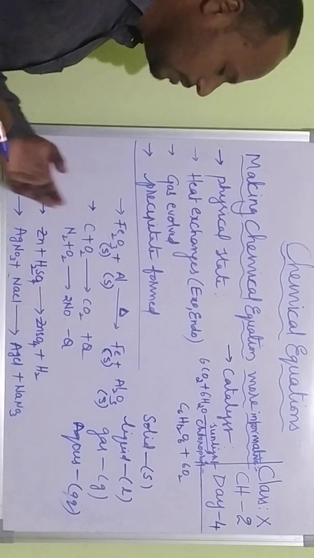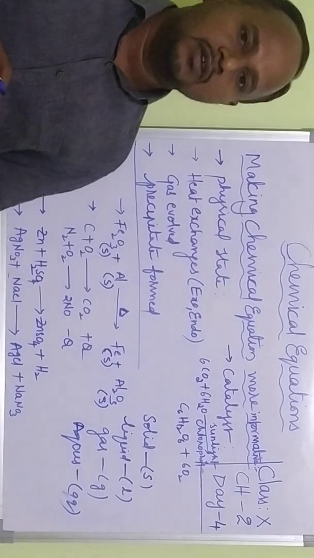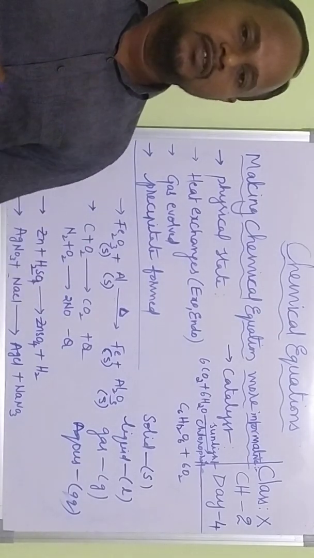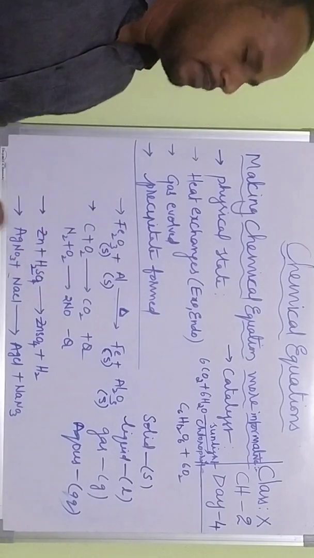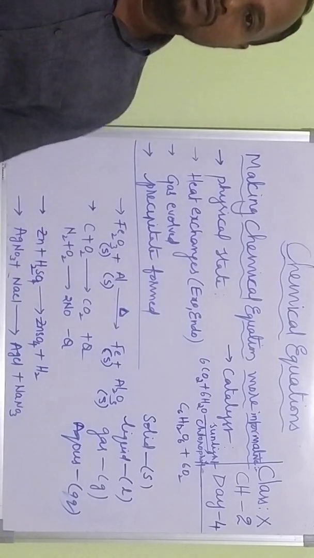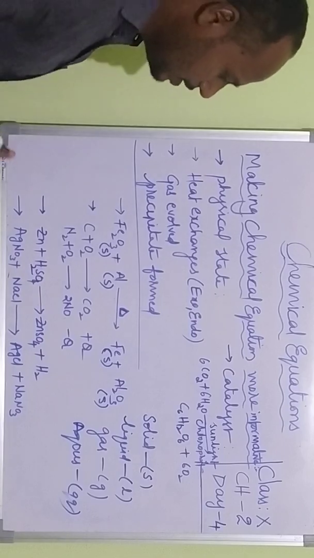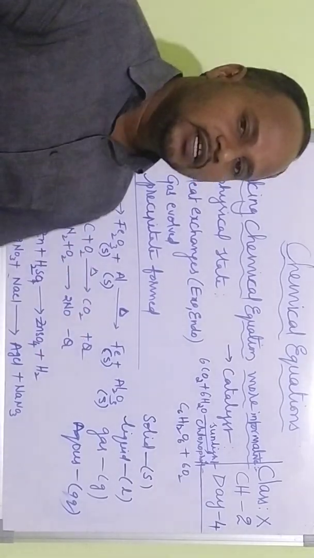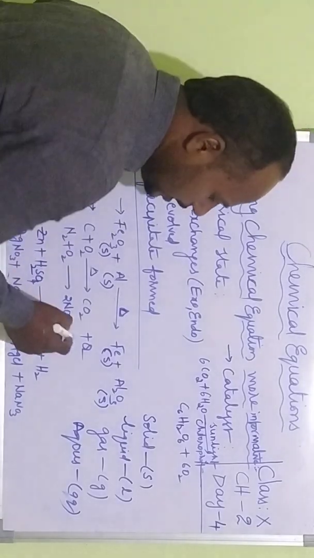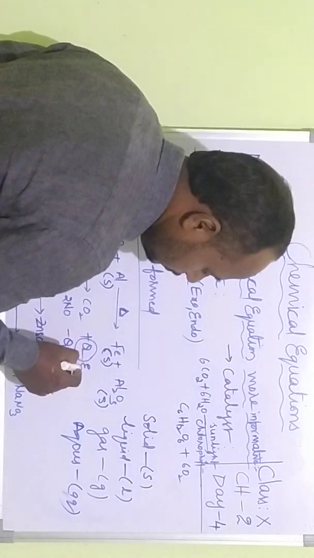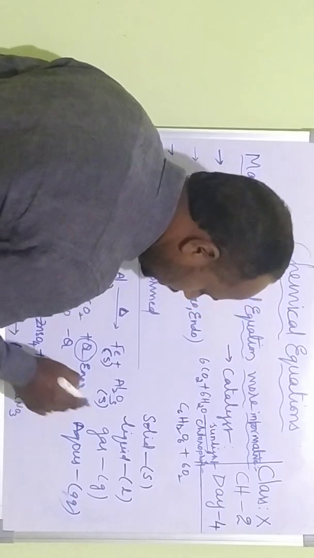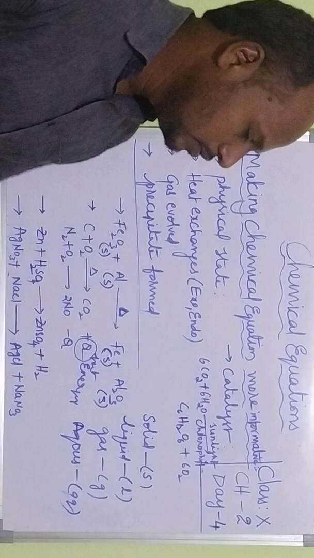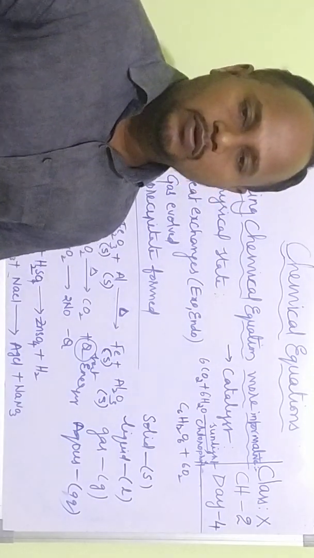For example, when a carbon piece or carbon powder burns in the presence of oxygen, it gives you carbon dioxide, and heat energy also evolves.